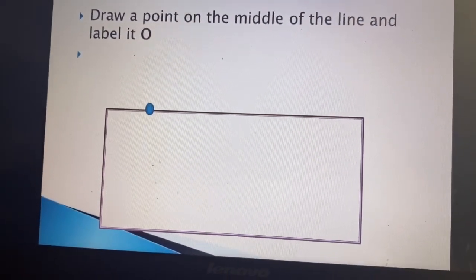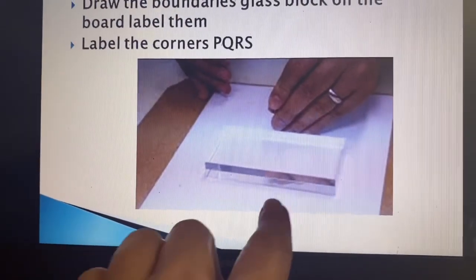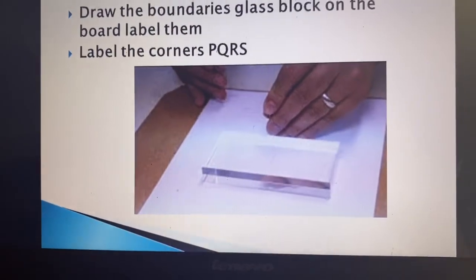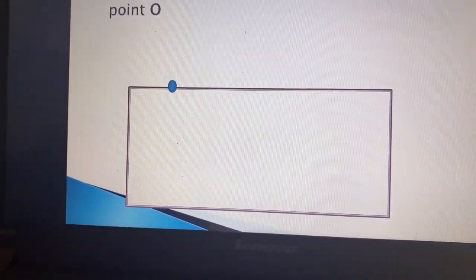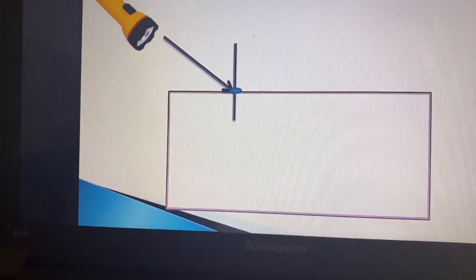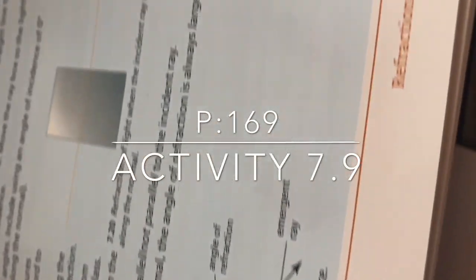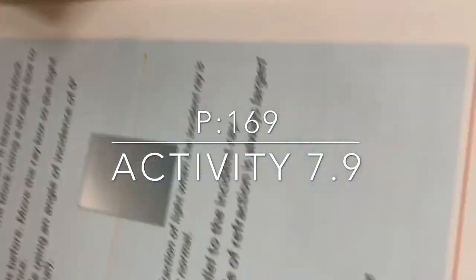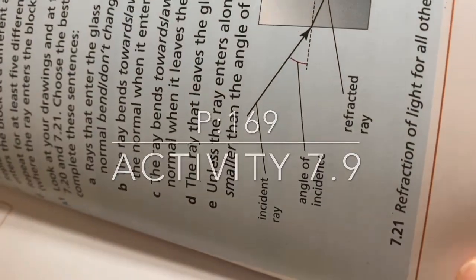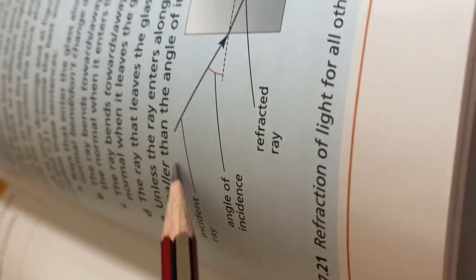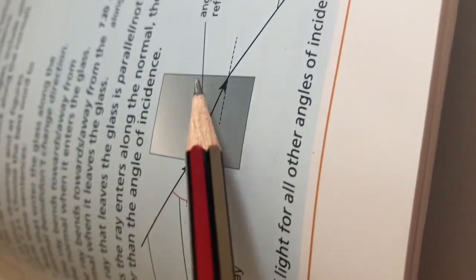I explained how we can draw the light diagram when it enters glass. You have this in your book, page 169. The first case is when the light enters here. This is air, this is glass.